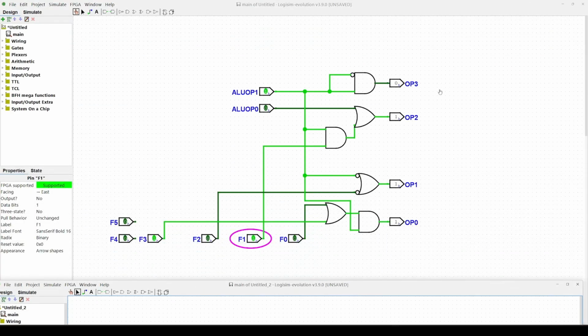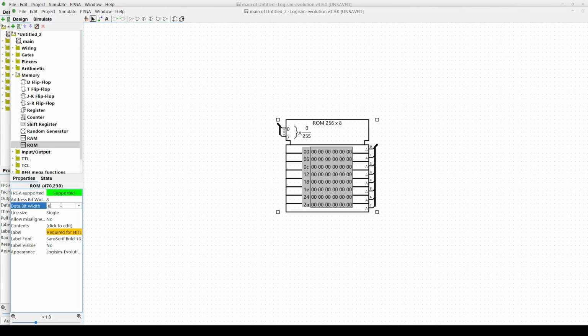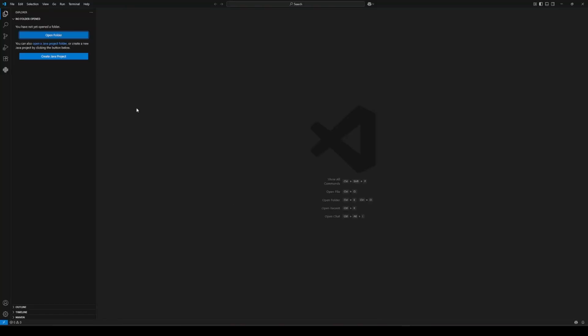And the output is going to be 4, so 4 outputs. And the way we're going to do this is we have a little script that we can use.